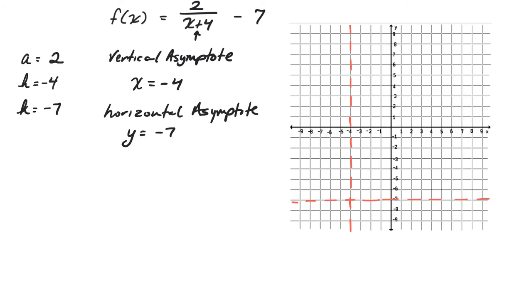So then from here, I'm going to go ahead and graph my points. Now, you can graph this based off of transformations if you want. What you have here is a vertical stretch. If you go based upon the vertical stretch, all of your points are going to have a relationship 2 times greater away from the point where your asymptotes cross. So normally you went over 1, down 1.